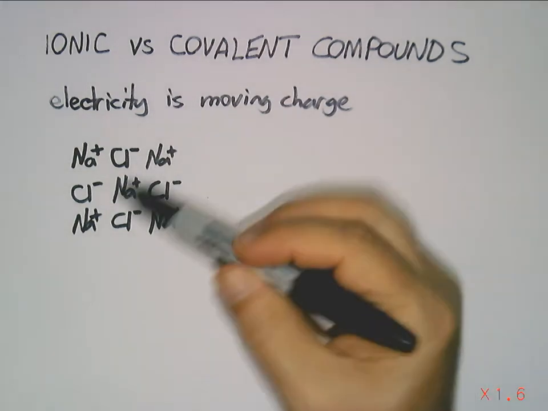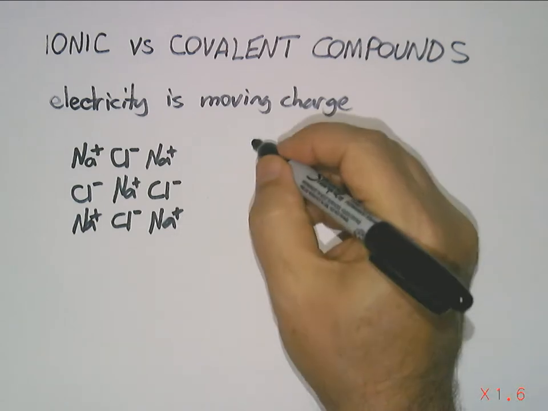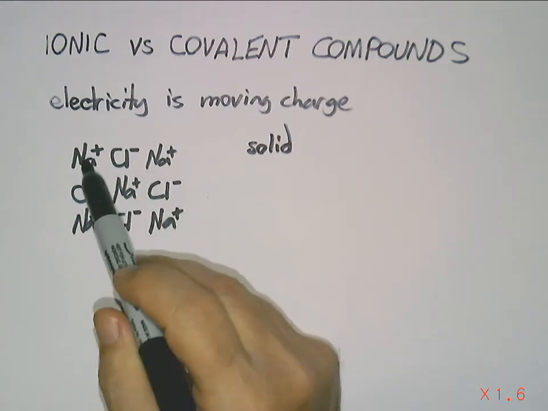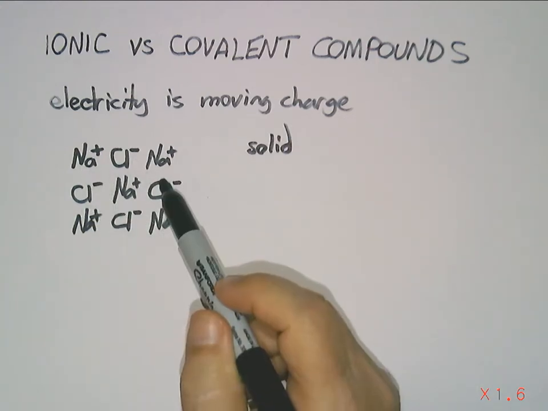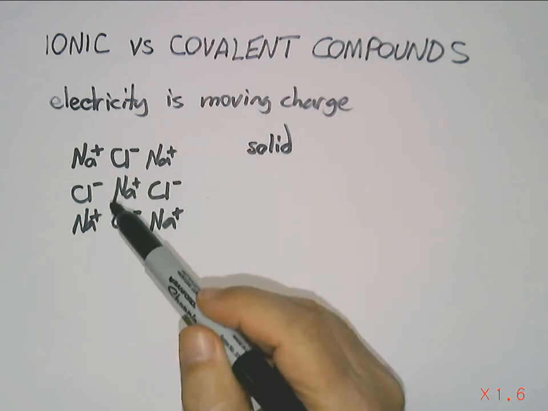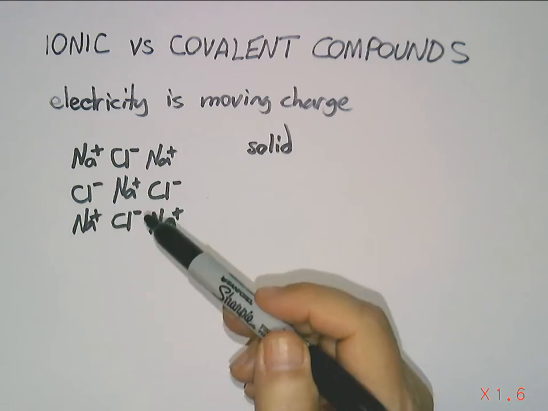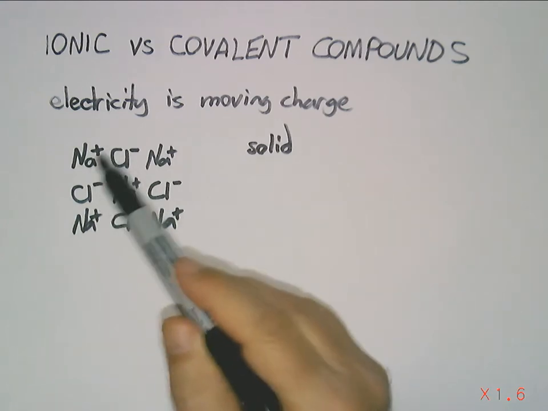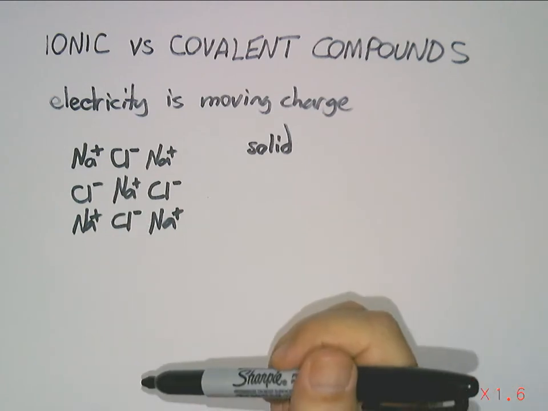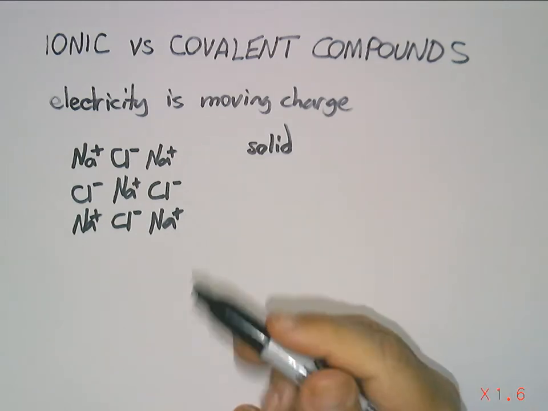Now, for electricity to be conducted through this solid crystal, you're going to have to be able to push one of these ions through. But these are all locked in place. In an ionic lattice, there isn't a lot of movement of the ions through the lattice. They mostly just vibrate around a given point. So because you can't move the ions, you can't get any moving charge and you can't conduct electricity.